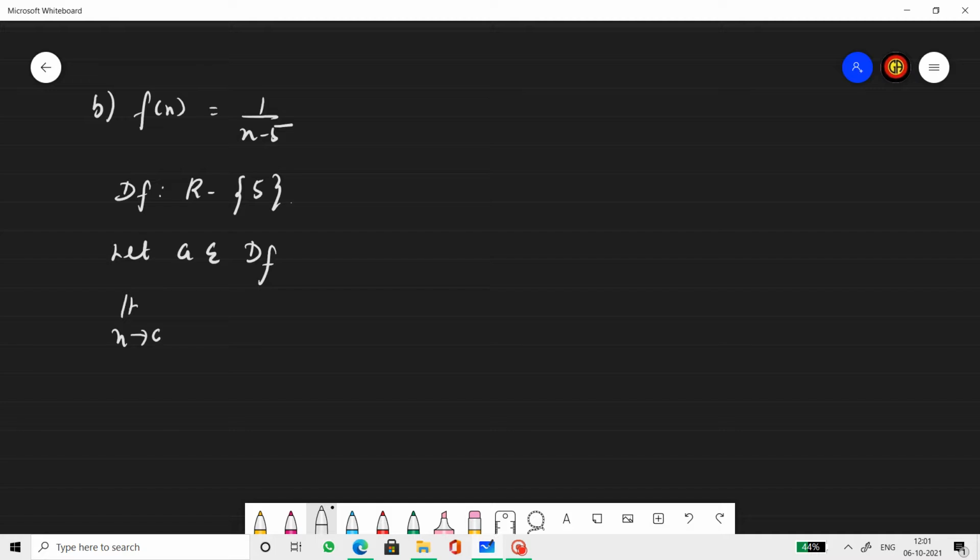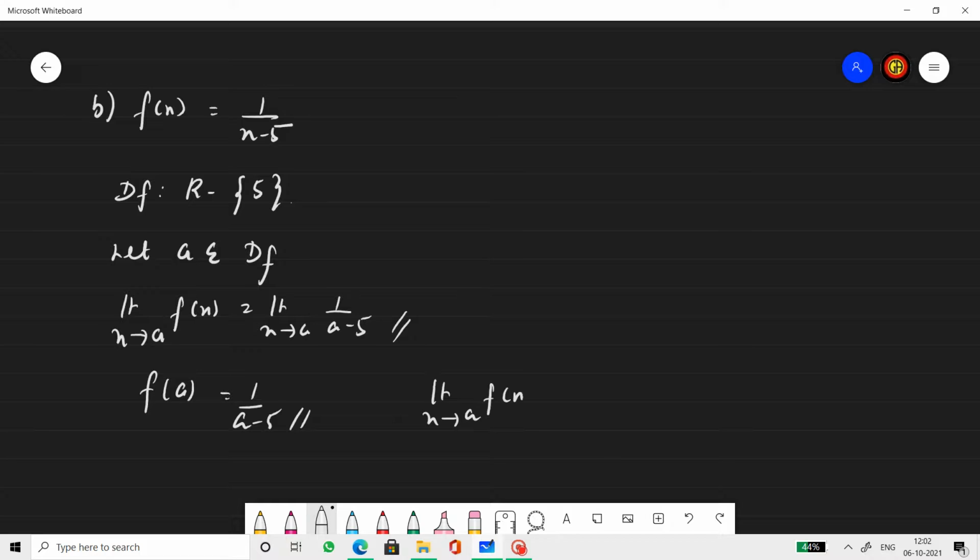Limit x tends to a, f of x would be limit x tends to a of 1 by a minus 5. Alright. And f of a will also be 1 by a minus 5. Can you see this? Yes. So limit x tends to a, f of x is equal to f of a. Hence it is continuous for a.